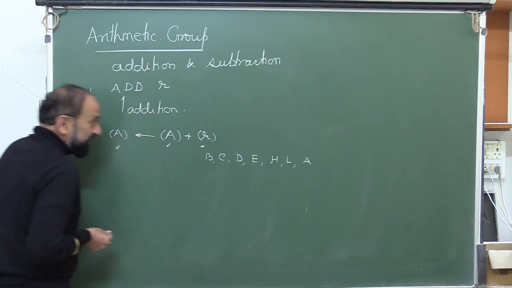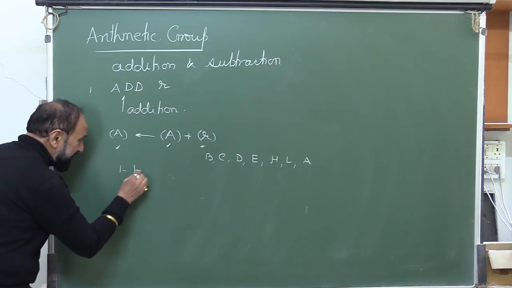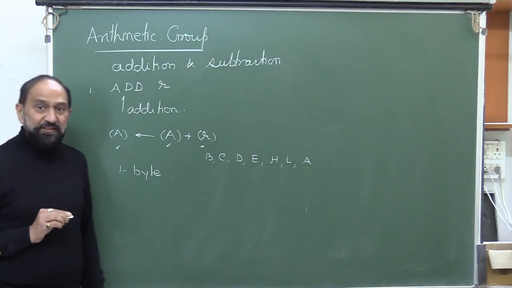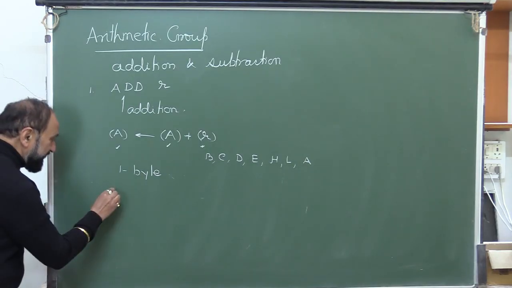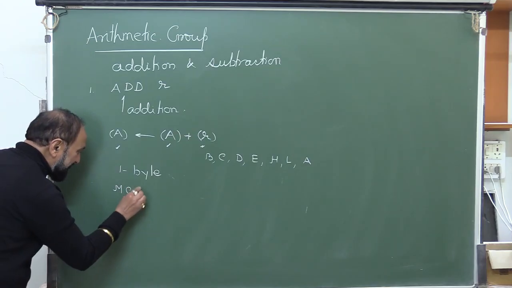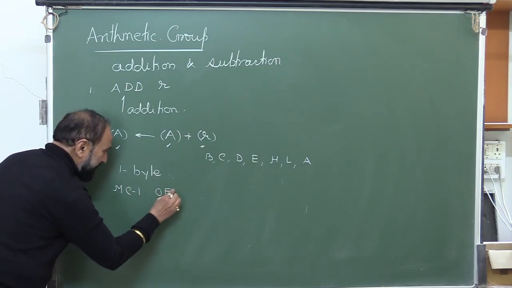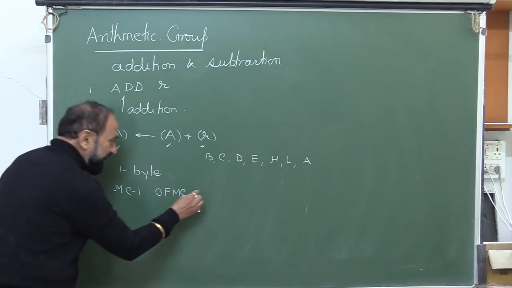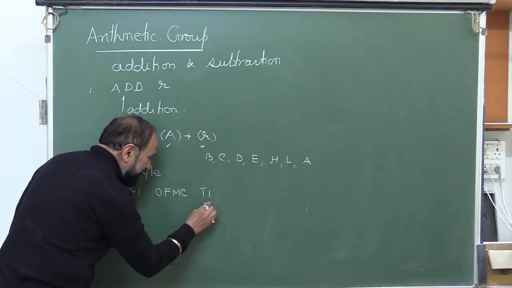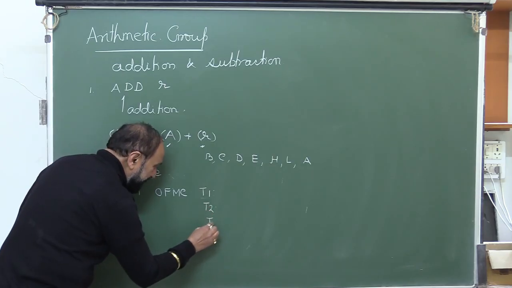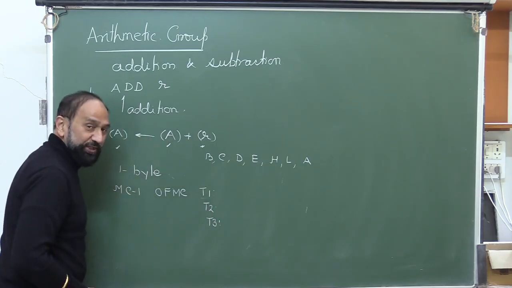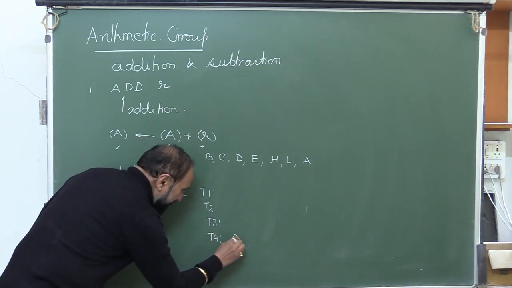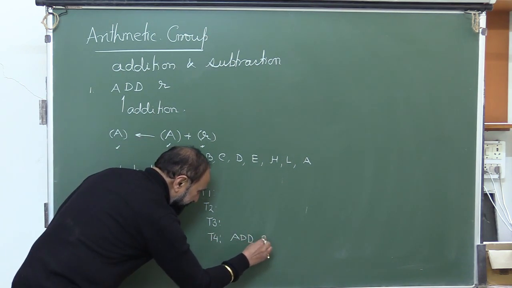Now, this instruction is a single byte instruction, and when it is executed, the first machine cycle is the opcode fetch machine cycle. Just like any other instruction, during T1, T2 and T3 the instruction code is read, and during the T4 state the instruction is decoded.